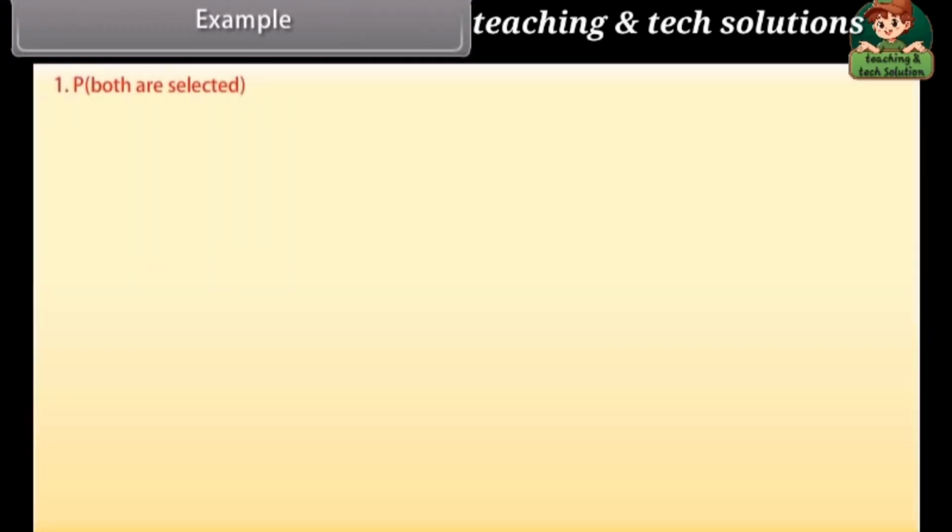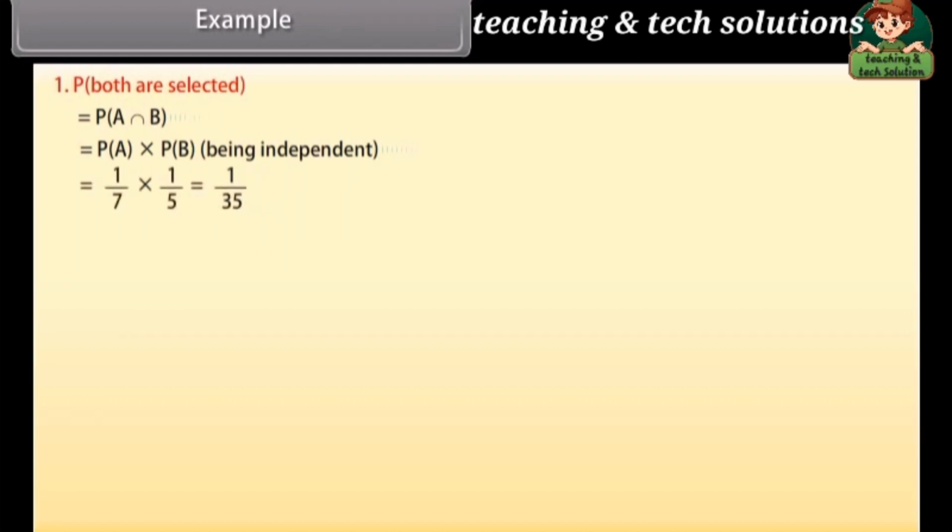1. The probability that both are selected is equal to the probability of A intersection B, which is equal to the probability of event A into the probability of event B, which is equal to 1 by 7 into 1 by 5, which is equal to 1 by 35. 2.